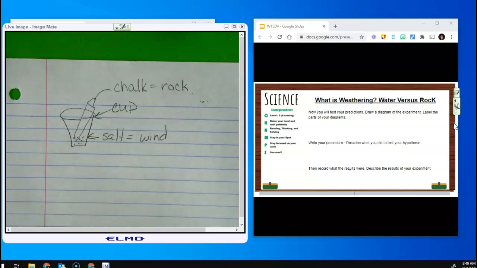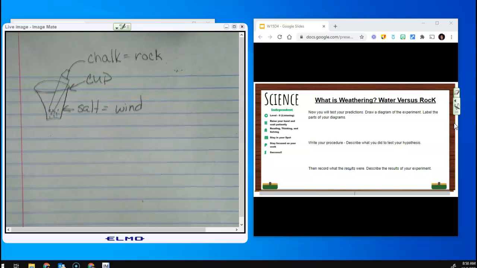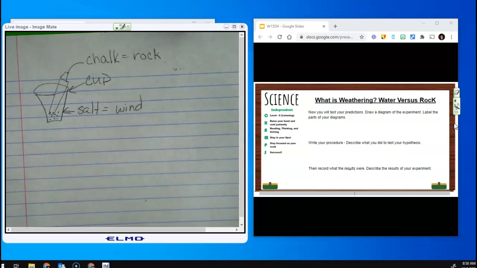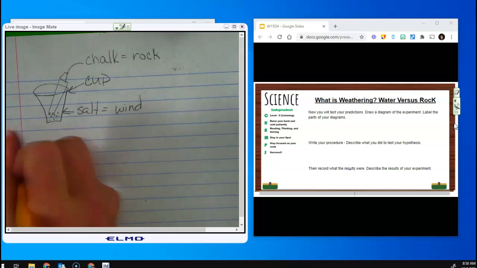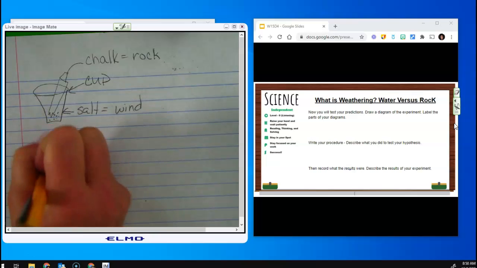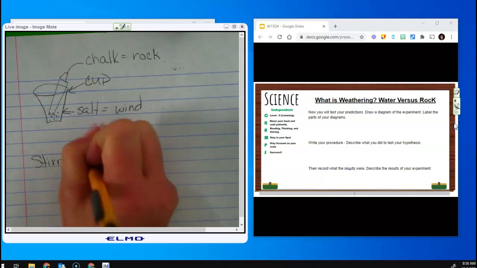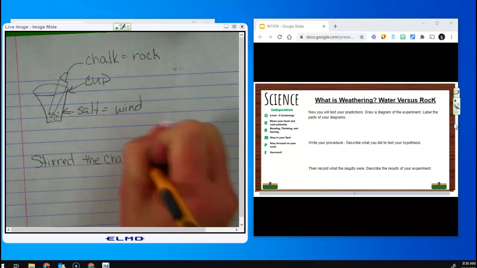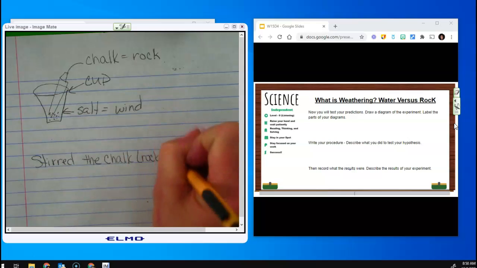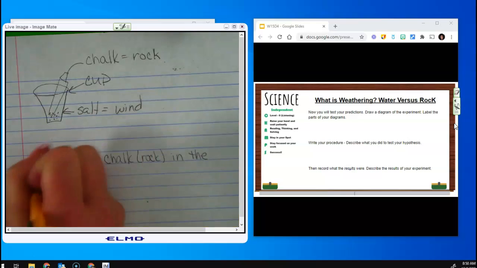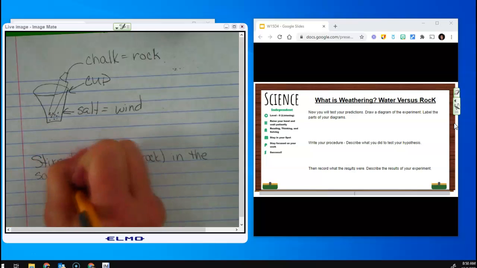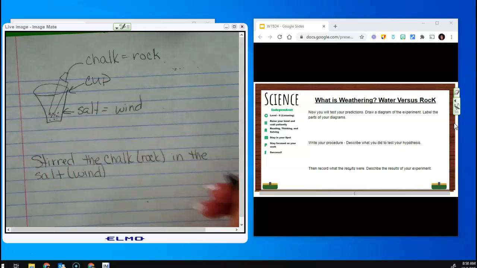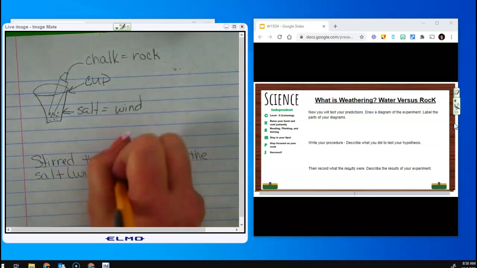All right. Then, where it says write your procedure, describe what you did to test your hypothesis, you are going to type in that you stirred the chalk, which is also the rock, in the salt, which is also the wind, for 1 minute.